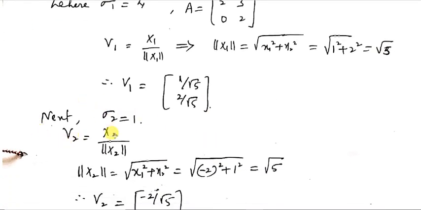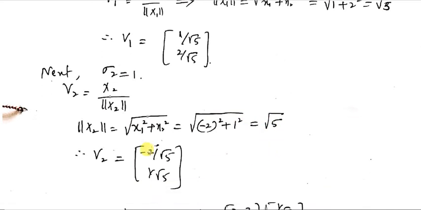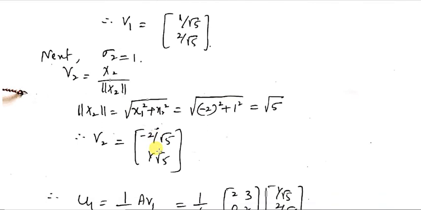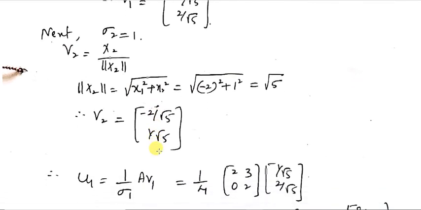Therefore, v2 is equal to x2 by norm x2, where norm x2 is given by square root of inner product of x2, where x2 is (minus 2, 1). Therefore, minus 2 square plus 1 square, which is again root 5. Therefore, v2 is equal to (minus 2 by root 5, 1 by root 5). v1 and v2 are normalized vectors of the eigenvectors.